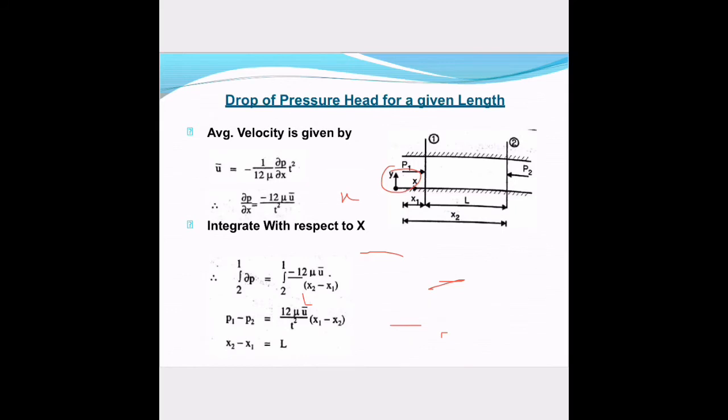So in place of x2 minus x1, you can write L also. So ultimately the equation will be P1 minus P2 equal to 12 mu u bar L divided by t square. Is it clear to you?